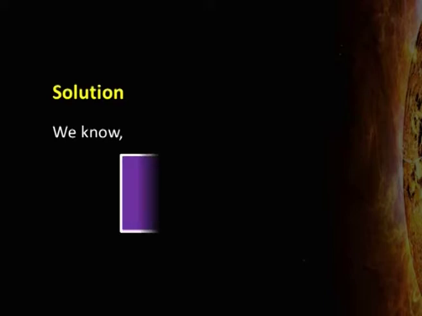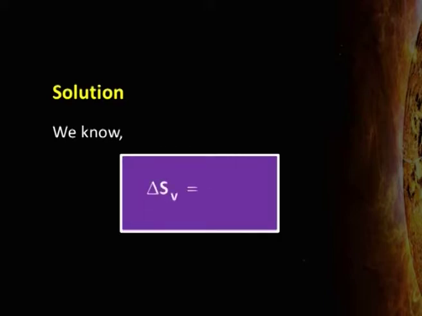Now you know that delta SV will be equal to delta HV divided by TB, where delta SV is change in entropy of vaporization, delta HV is molar heat of vaporization, and TB is the boiling point of the substance in Kelvin.